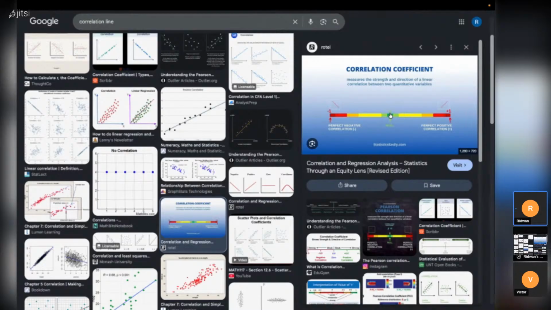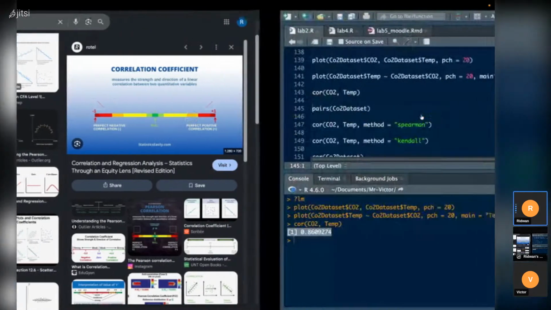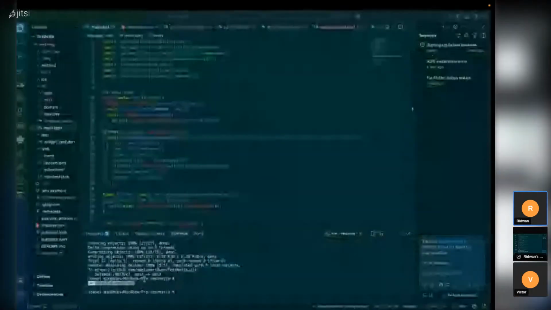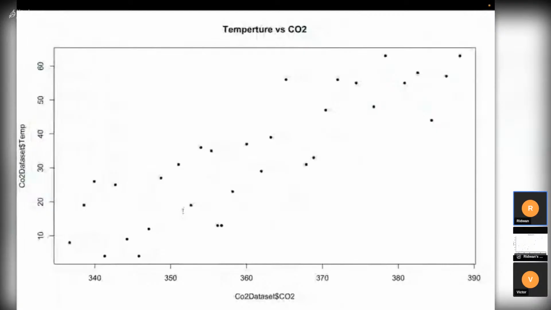That's how it works. In our case, our correlation is 0.86, which means we have a strong positive correlation. As CO2 increases, temperature also increases. Is it clear? Okay.